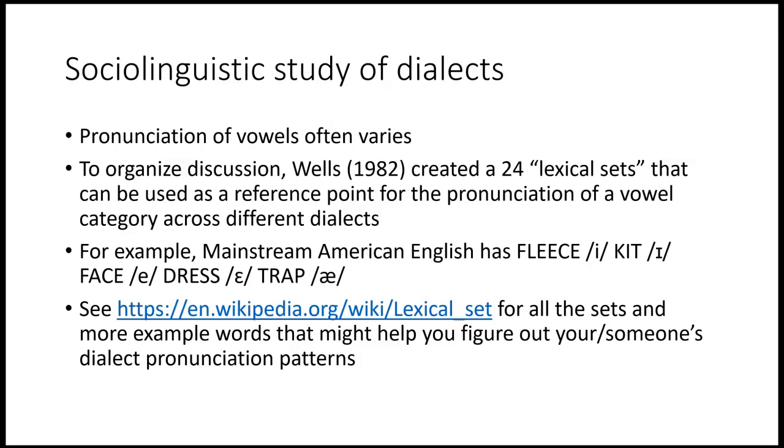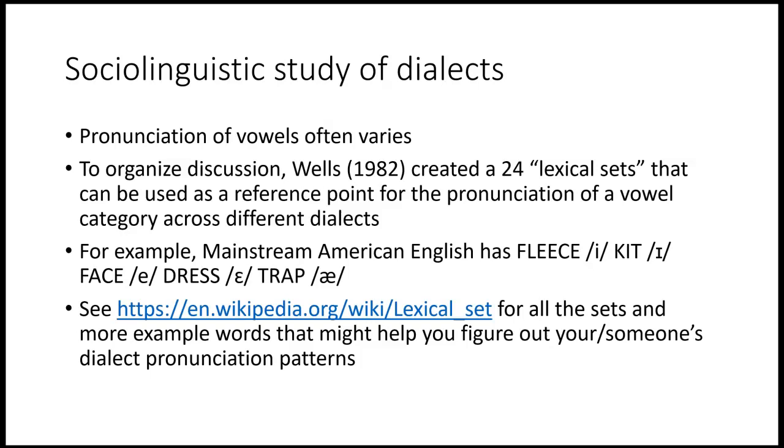So, for example, we have the set of fleece words produced with an E vowel in mainstream American English, kit words produced with an I vowel, face words produced with an A vowel, dress words produced with an E vowel, and trap words produced with an A vowel, again in the mainstream or in standard American English.